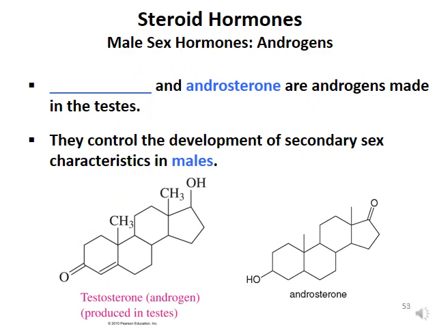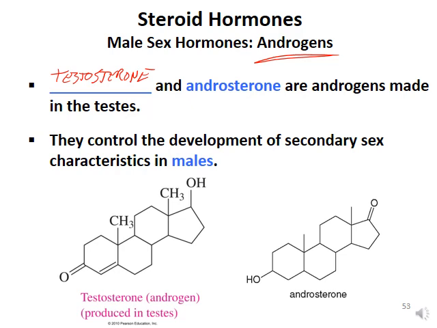Now, as far as the male sex hormones, the androgens, testosterone and androsterone, now we call it testosterone. Do we call it androsterone? I don't know, maybe we do. I've always heard it as andro.